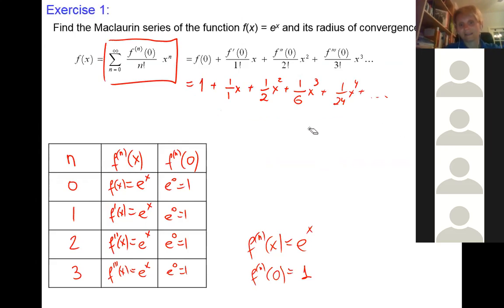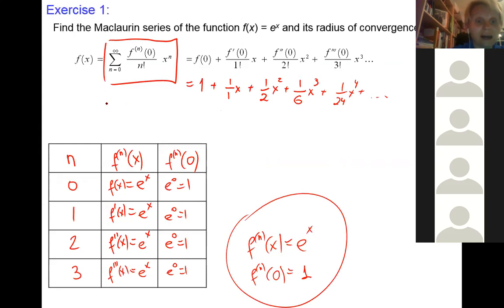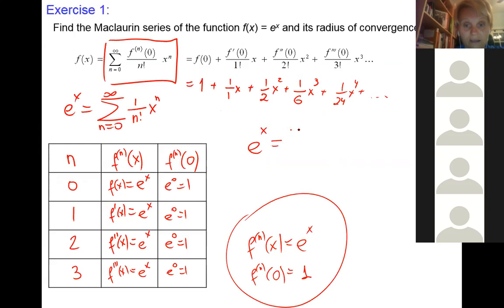Since I know the nth derivative at 0 is 1, I will have my e to the x power series representation, 1 over n factorial x to the power of n, which I can write starting from 0, ending at infinity, x to the power of n over n factorial.